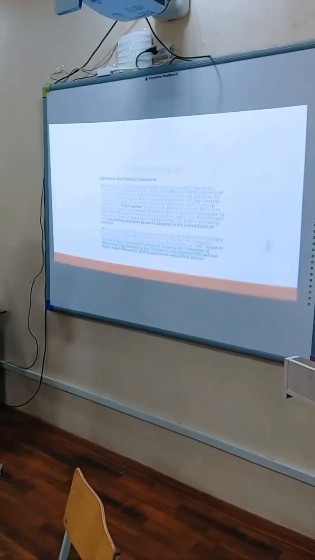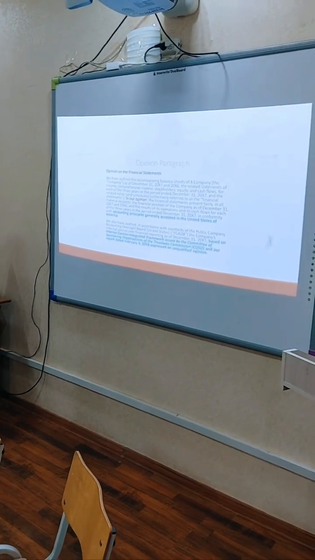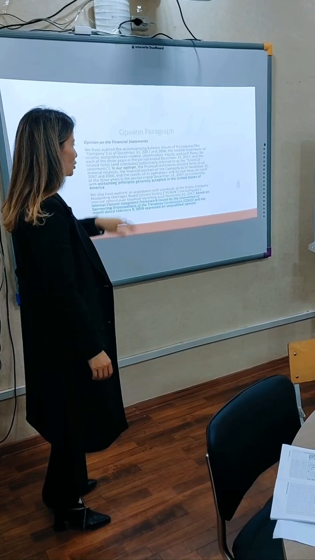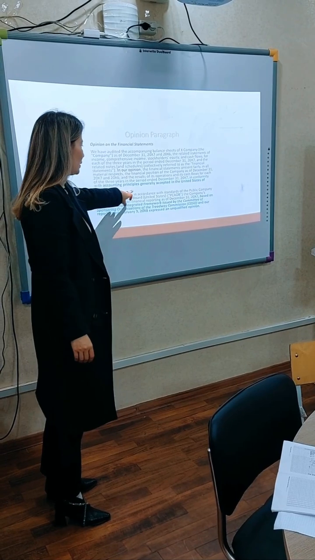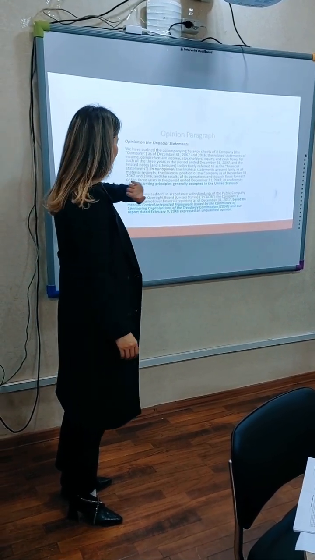So they write this when the financial statements are presented fairly. It means that the client's business has very fair information in its financial statements, about the results of its operations and its cash flows for each of the 3 years in this period, in conformity with accounting principles generally accepted in the United States of America.